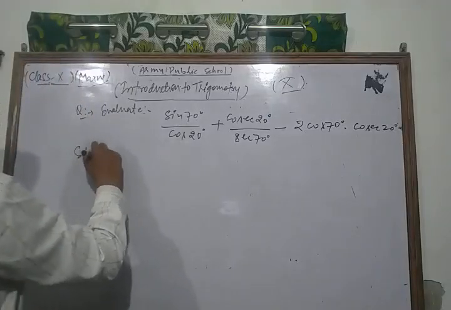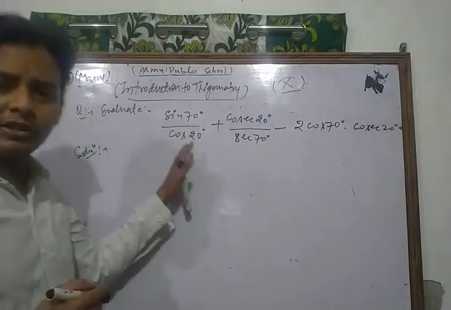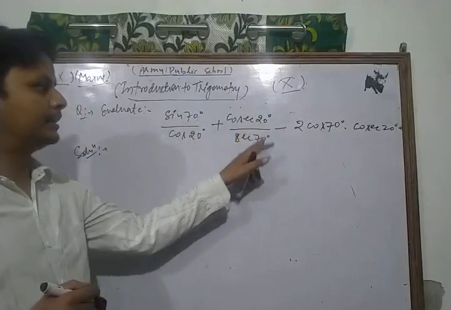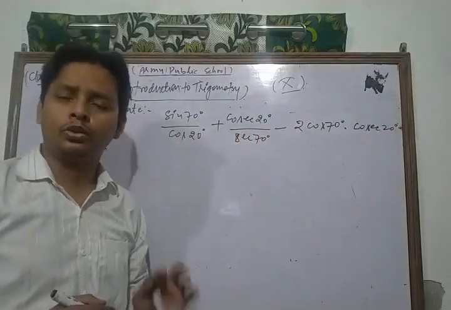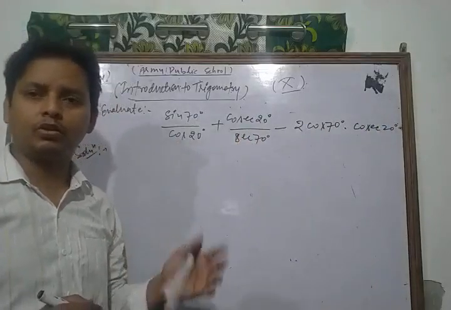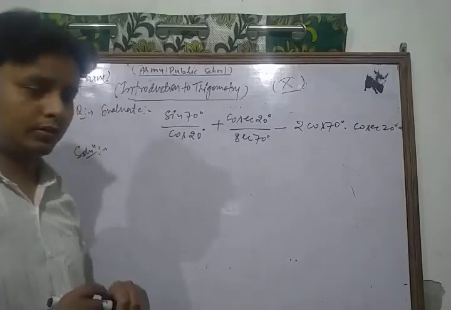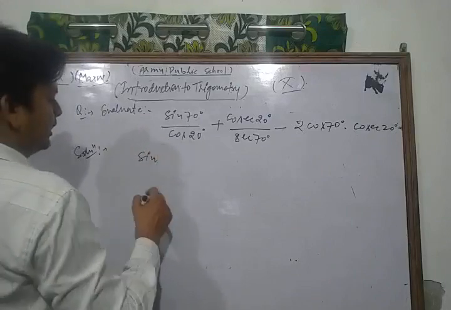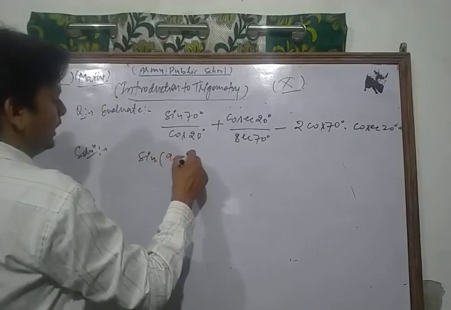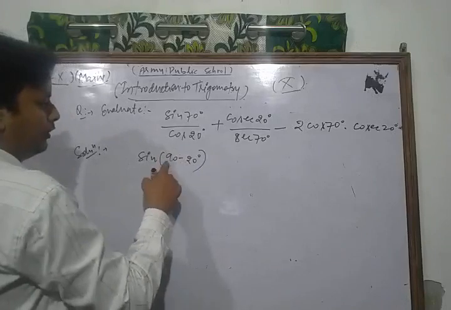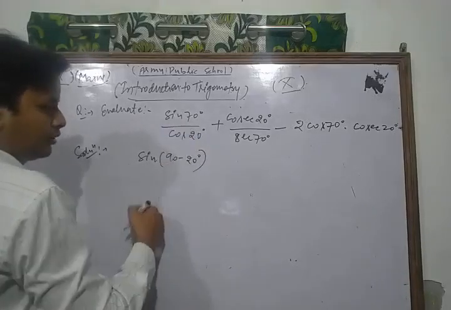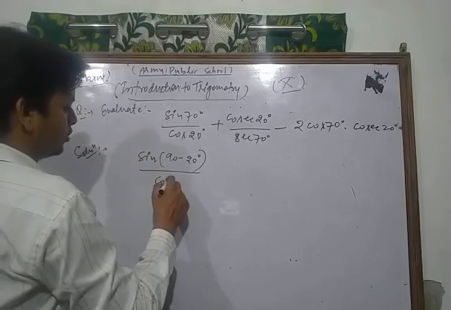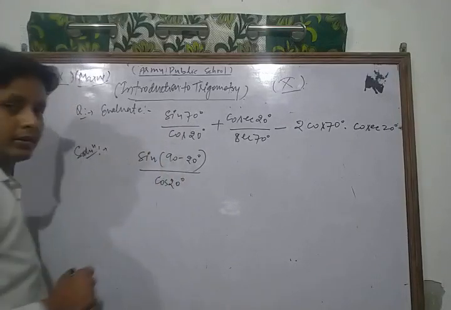So here, if we observe each part of that question, we observe that both these angles and these two angles also are complementary angles. So here we apply the concept of complementary angle of trigonometry ratio. So we can write sin 70 degree as sin (90 minus 20). If we subtract 20 from 90, we get sin 70, and here we write cos 20 degree as it is.